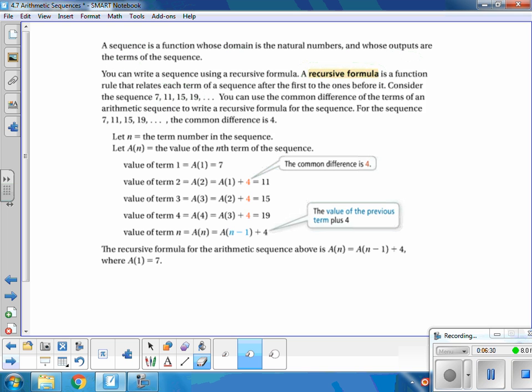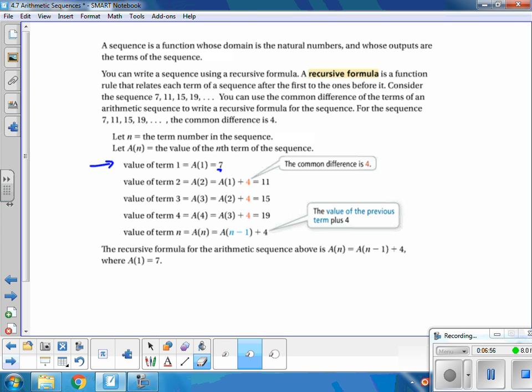So for instance, right here, the value of term 1. We're going to let a sub n be the value of the nth term. So this is what we're looking for, and we're going to ultimately try to grow into that. So value of term 1. This is what I know. This is my first term. So my first term is going to be 7. That's my first value.